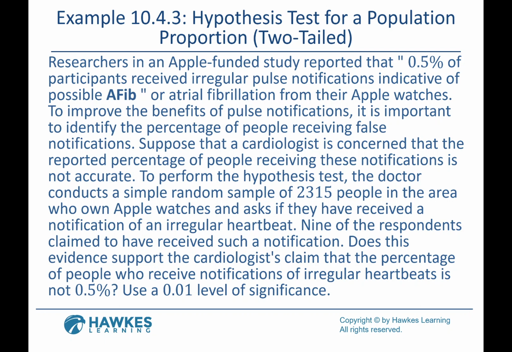That's what we want to test. So when we write down our alternative hypothesis, we're testing the claim that the proportion is not, it doesn't say more, it doesn't say less. So what should we use? Not equal to 0.5%.